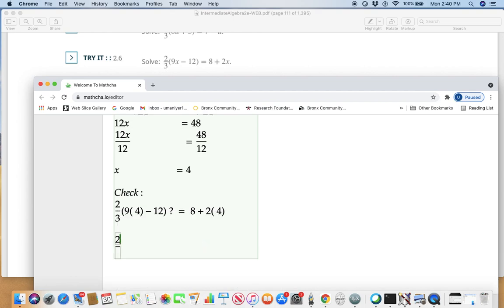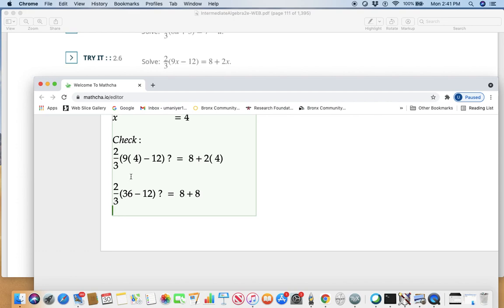So that's 2/3, inside the parentheses 9 times 4 is 36 minus 12, question mark equals 8 plus 2 times 4 is 8. 36 minus 12 is 24.